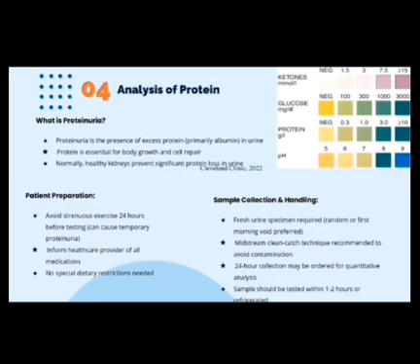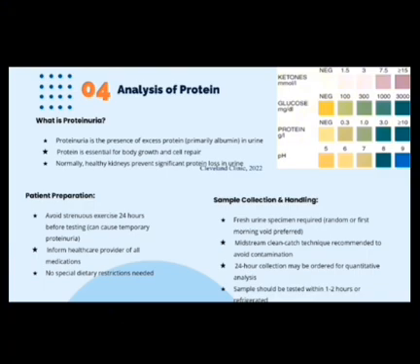Patient preparation: avoid strenuous exercise 24 hours before testing, as it can cause temporary proteinuria. Inform your healthcare provider of all medications; there are no special dietary restrictions. Sample collection and handling: we can use a fresh urine specimen, random or first morning void, with the midstream clean catch technique to avoid contamination.